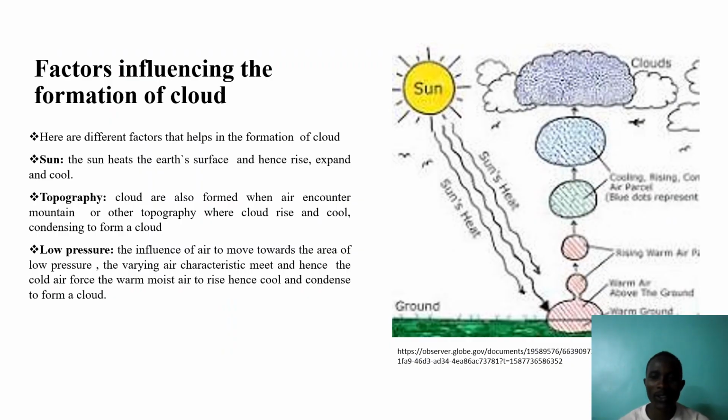As my colleague said, I'm going to continue with the factors that influence the formation of clouds. Here are the different factors that help in the formation of clouds. Firstly, the sun. The sun hits the Earth's surface, and the air rises, expands, and cools.